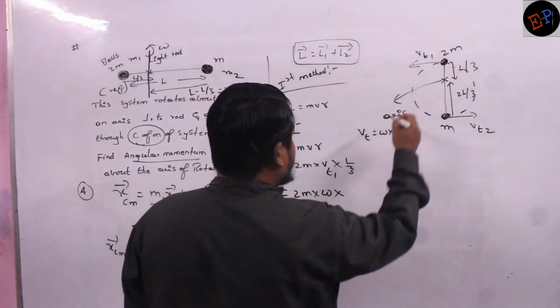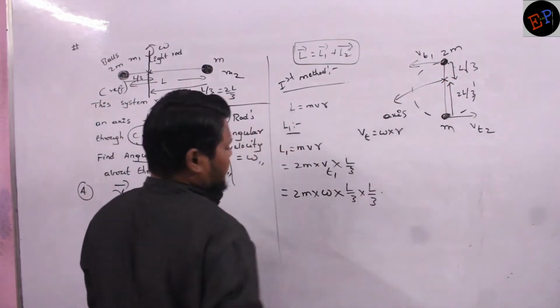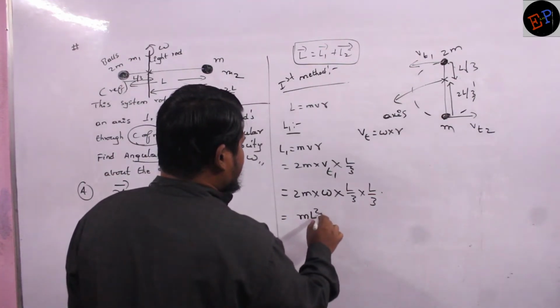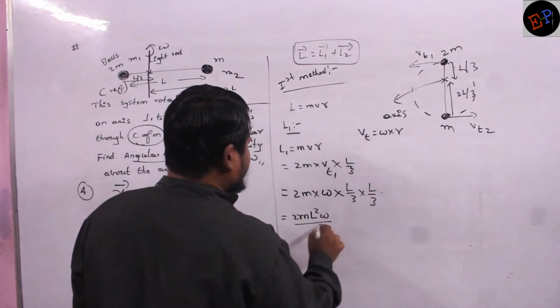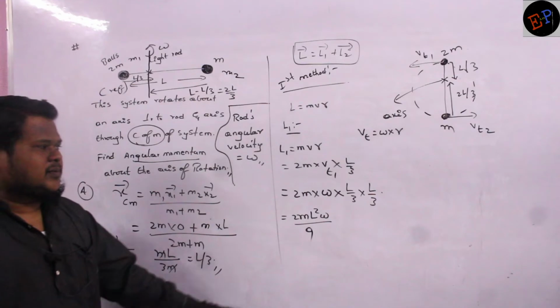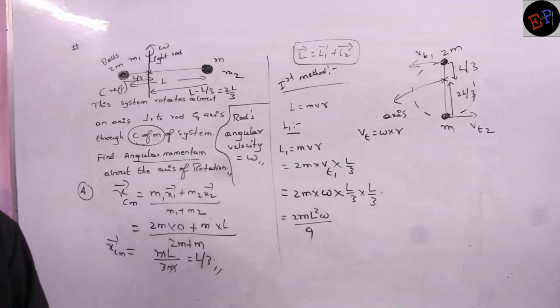What is the perpendicular distance? L by 3 multiplied by again L by 3. Clear now? So 2 m L square omega divided by 9. This is the angular momentum of the first particle, first mass.